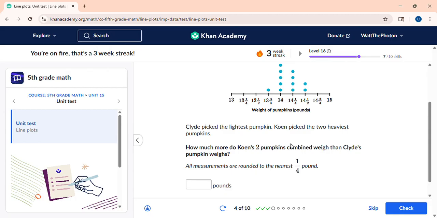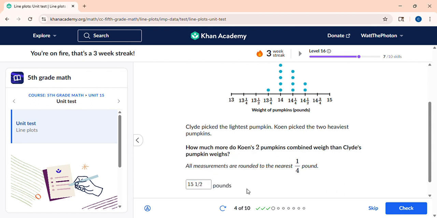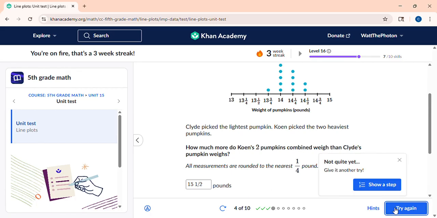Minus 13.75. 15.15 and 1/2. Yeah, that seems right.